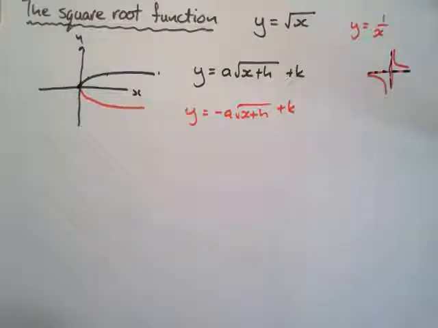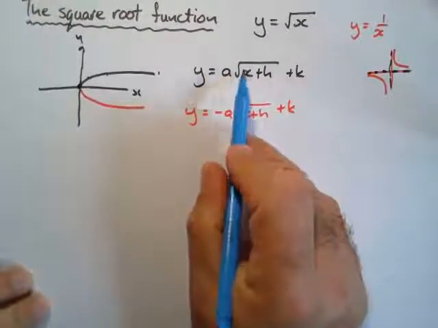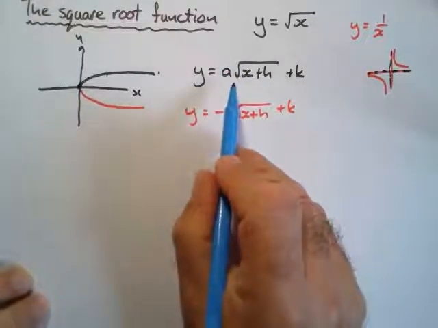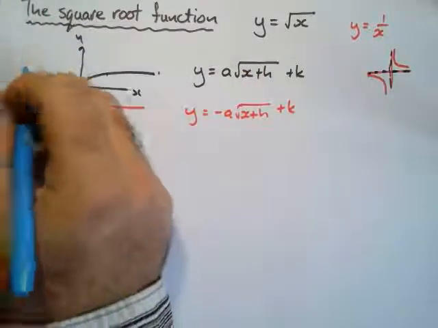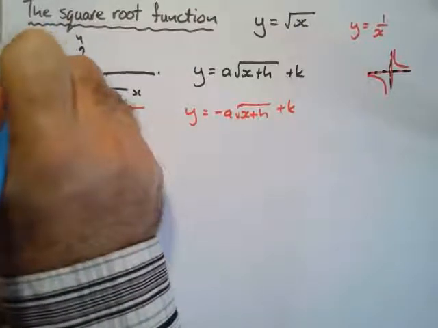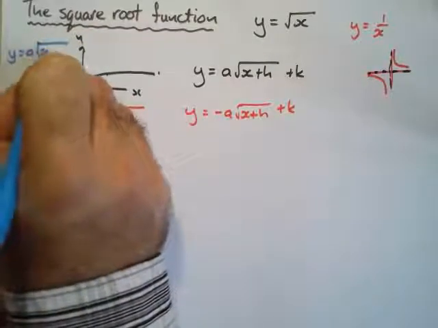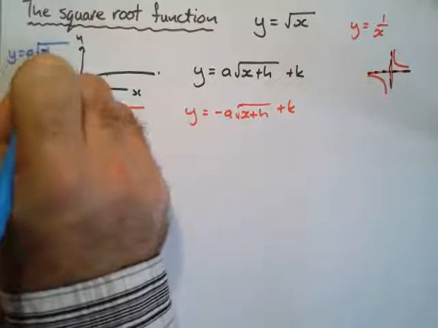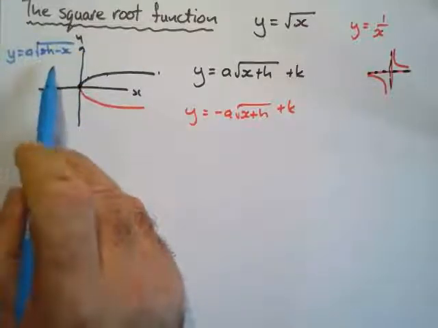What I quickly want to change is there's one thing that differs here from all the others, and this is if I have a negative x, because here I'm going to have reflection in the y-axis. If I have negative x, I'm going to rewrite this. So I'm going to say y equals a square root of h minus x.